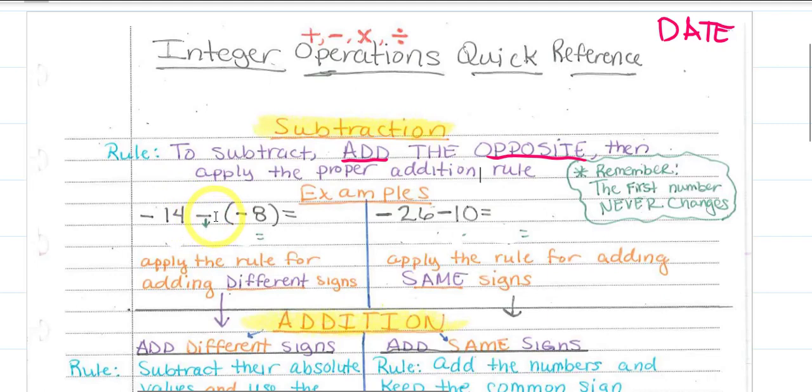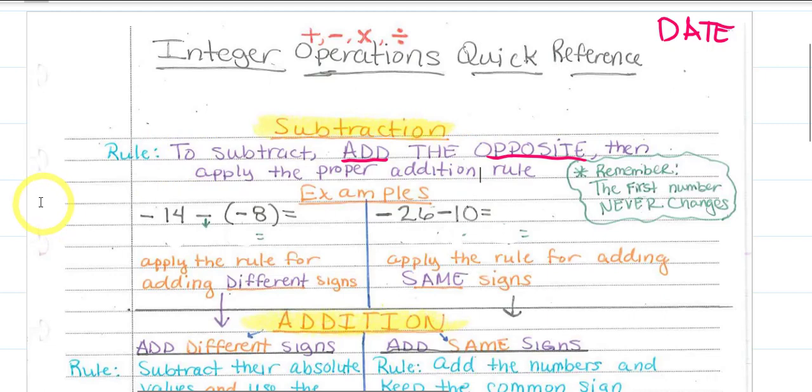What is the initial problem showing you? And here we know this is subtraction because I see a minus sign. Regardless of what you end up doing to solve it, you want to check what the operation is initially. This minus sign in between the two digits, negative 14 and negative 8, tells me this is subtraction. So I have to apply the rule of adding the opposite.